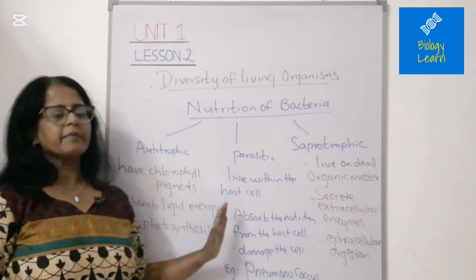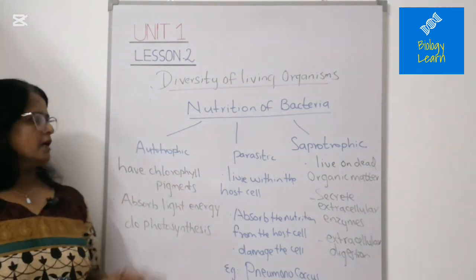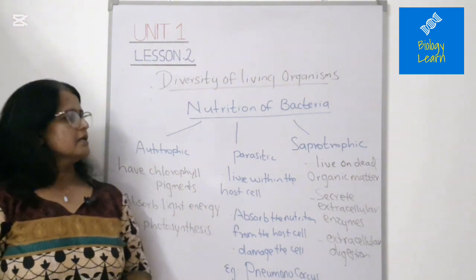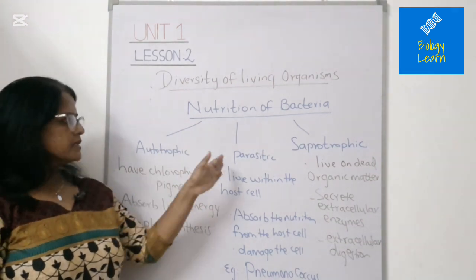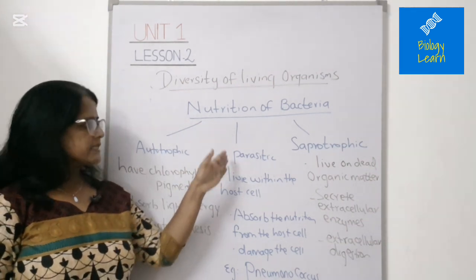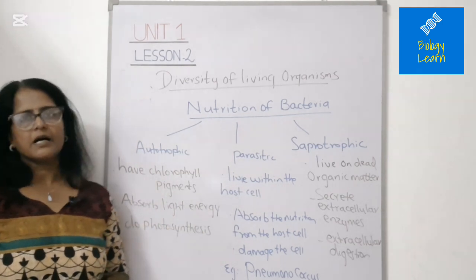So these are the three main types of nutrition found in bacteria. Some bacteria are autotrophic, some are parasitic, and most of the bacteria are saprotrophic.